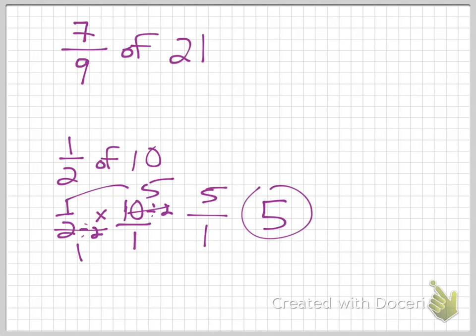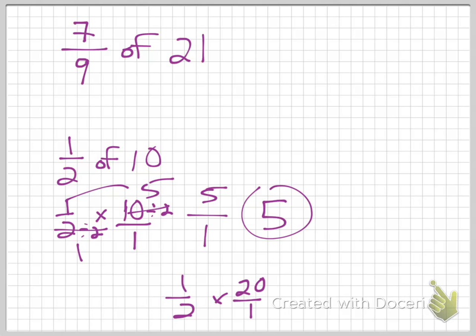You knew that, though. Half of 10 is 5. Of means multiply. What is half of 20? 10. 1/2 times 20. You see where it would be 10 over 1?